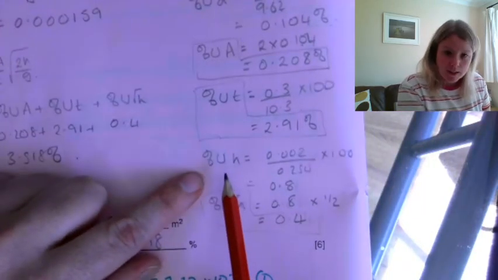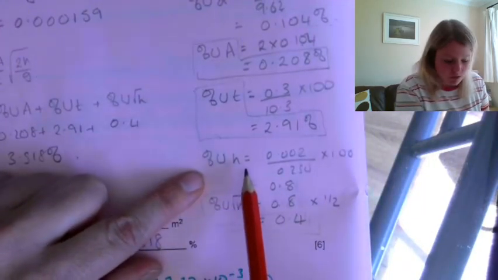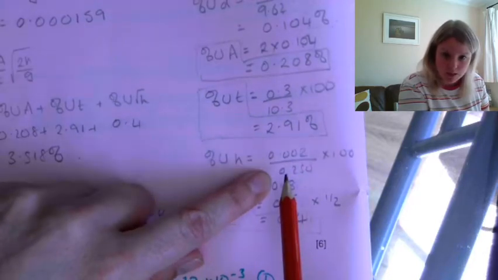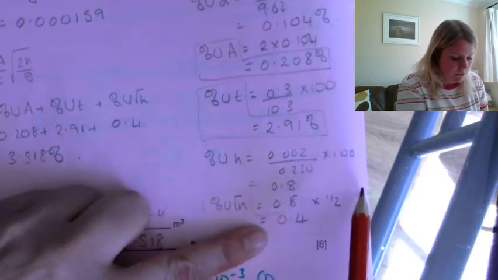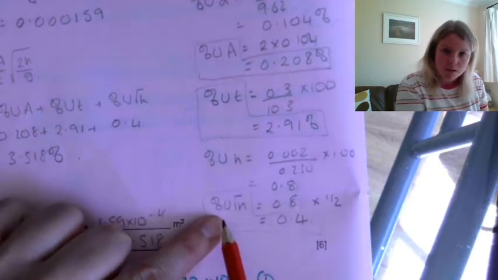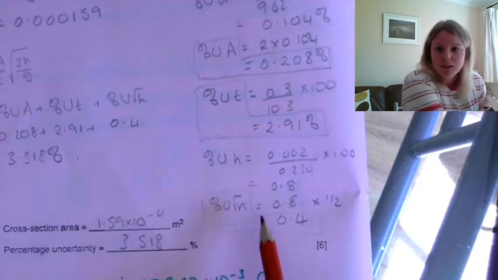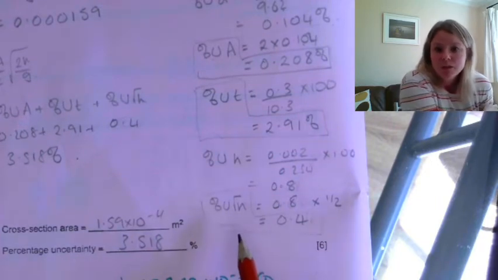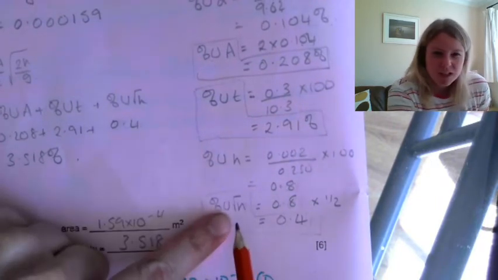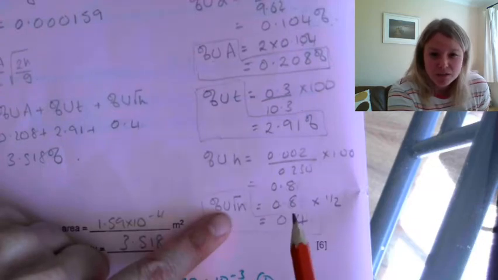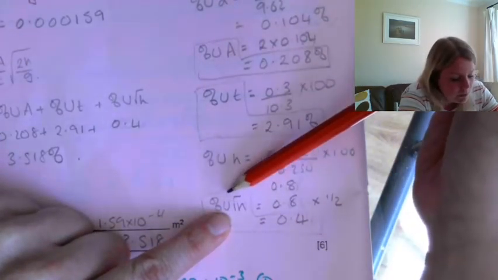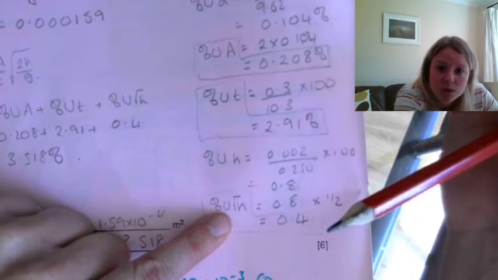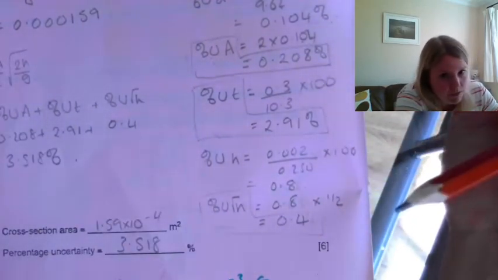So I did my percentage uncertainty of H, which is the absolute uncertainty divided by the value multiplied by 100, gets me that. So it's 0.8% for H, but it's root H that I need, which means I have to multiply by half, because root H is like H to the power of a half, and same as with D squared in the area equation, the rule for uncertainties is that you multiply by whatever value the power is.